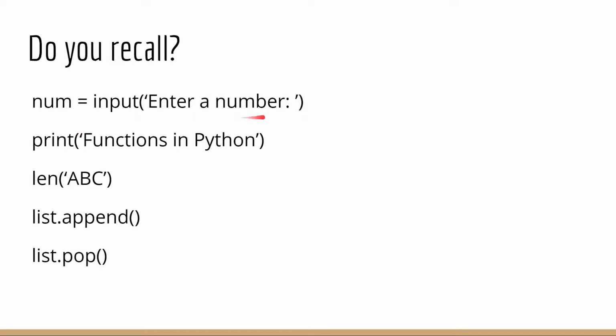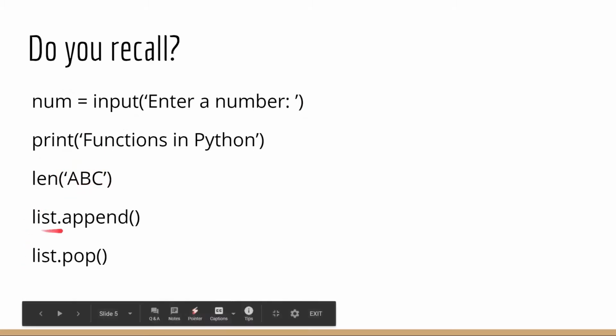It gets the input from the user, so that is its task. Also, we already know the print function, which displays something on the console, or the len function, which calculates the length of the string that is given inside its parentheses. And lately, you've become familiar with list functions like append and pop, which respectively add an element to the list or remove an element from the list.